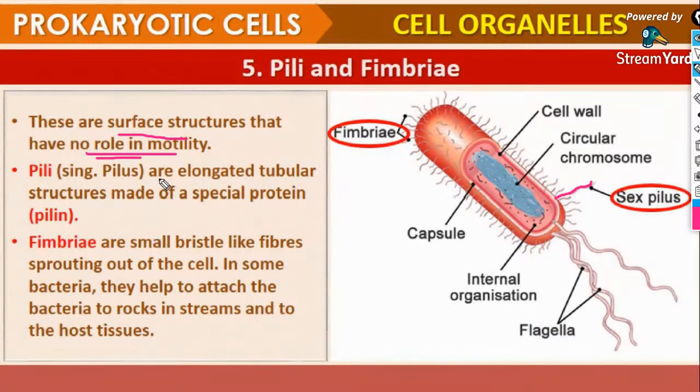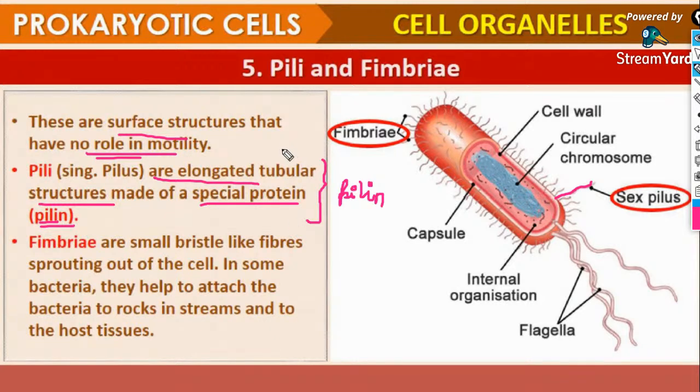Pili, or singular pilus, are elongated tubular structures made up of a special protein called pilin. So the protein present in pili is pilin protein. And what is the function of pili?